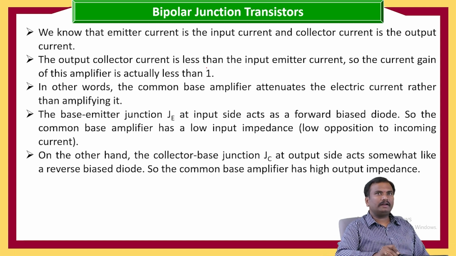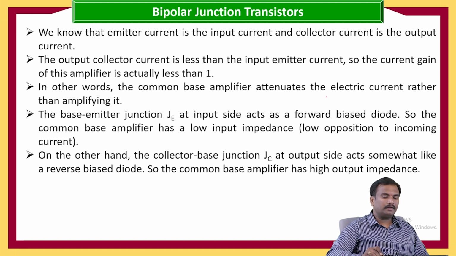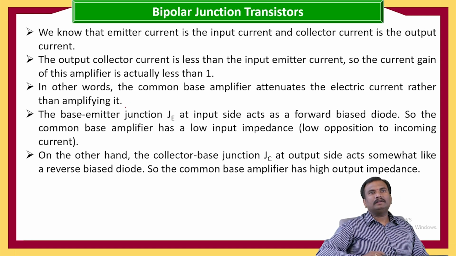The output collector current is less than the input emitter current, so the current gain of the amplifier is always less than 1. In other words, the common base amplifier attenuates the electric current rather than amplifying it.